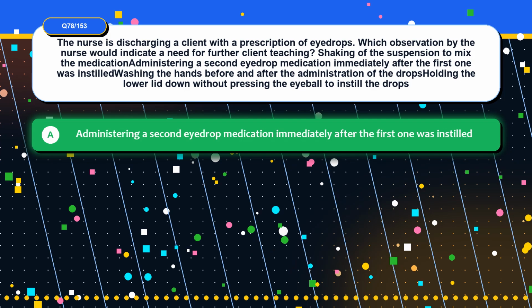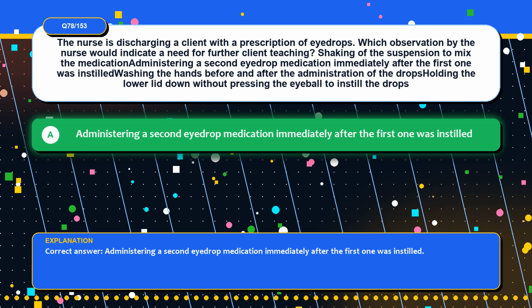The correct answer is option A, administering a second eye drop medication immediately after the first one was instilled.